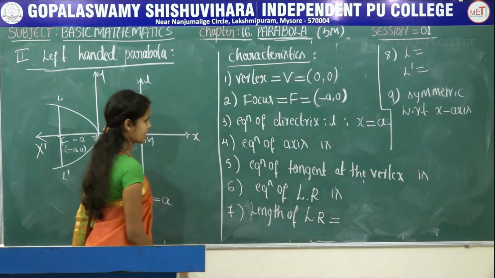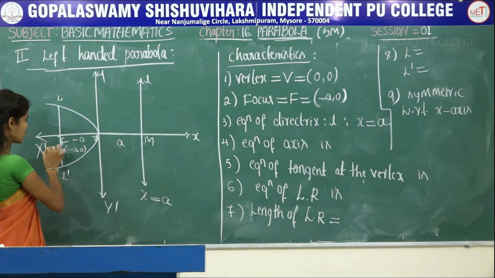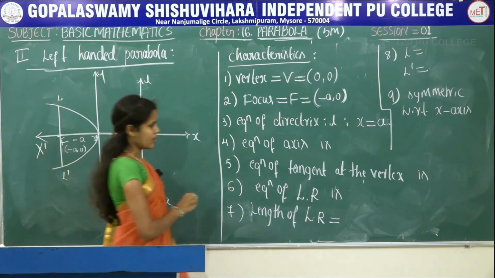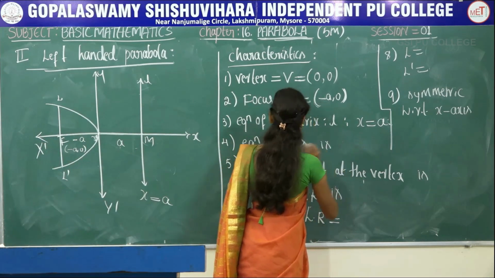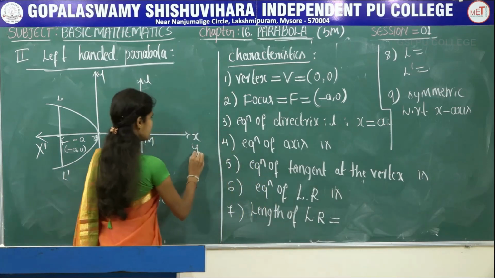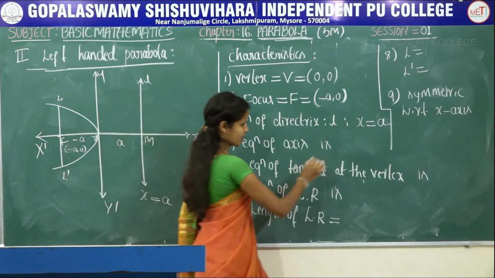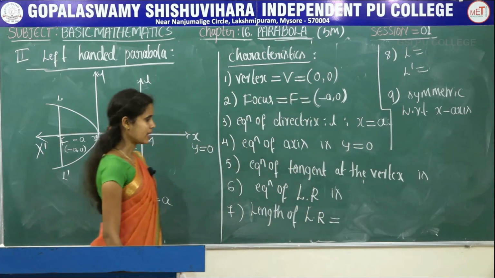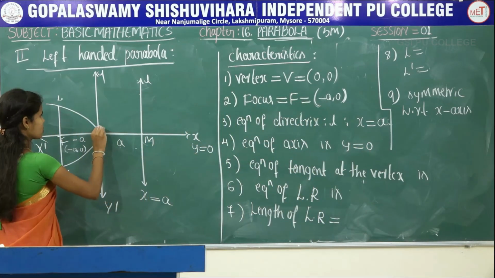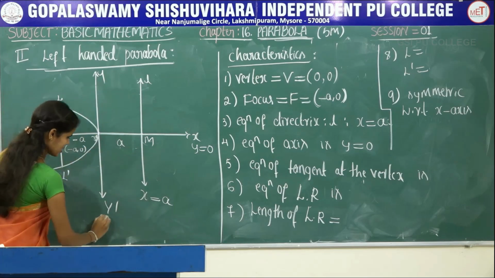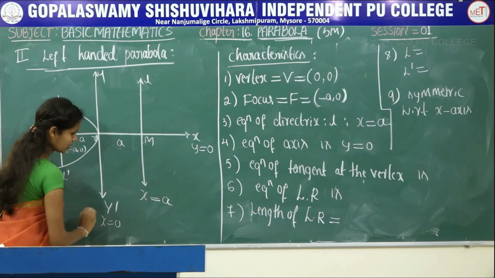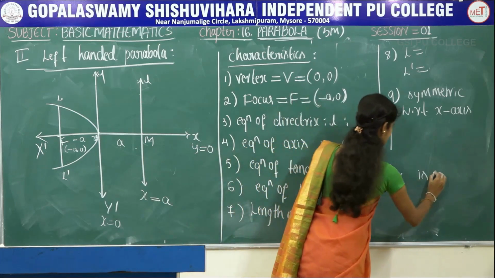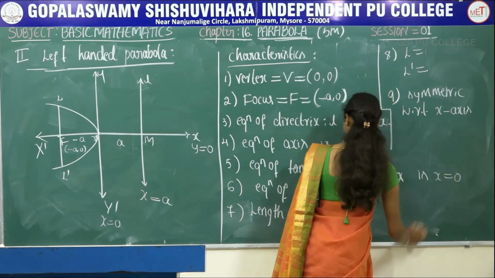Equation of the axis. Here it is symmetric with respect to negative x-axis. Therefore here also axis of the parabola is x-axis, and the equation is y is equal to 0. Equation of the tangent: here also tangent is y-axis, therefore equation is x is equal to 0.